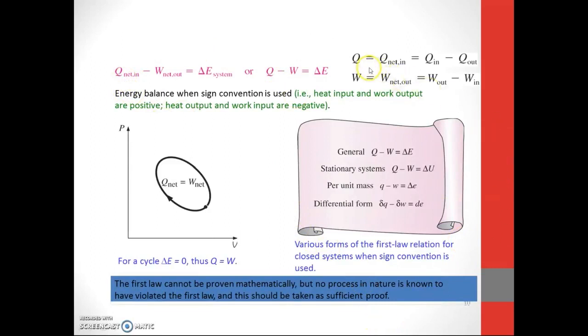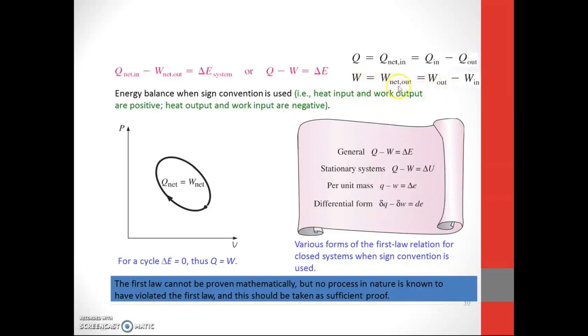We just simplified the way we write the energy balance. Q is for Q net in, so our subject is Q net in, and we just put it as Q only, which is equal to Q in minus Q out. But for work, it is represented by net out.